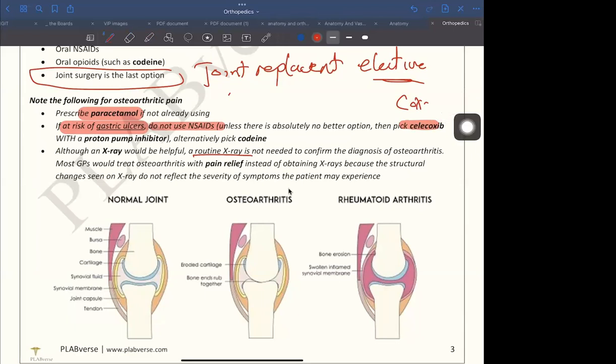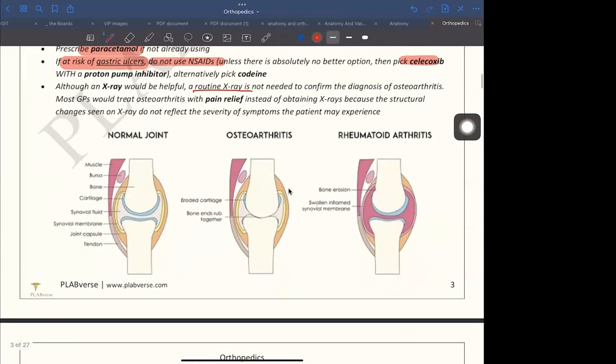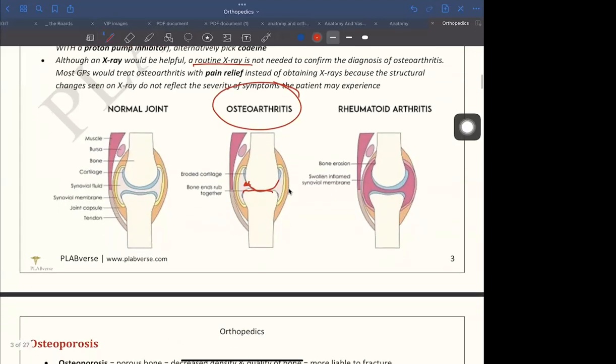Most GPs would treat the osteoarthritis with just painkillers and get them reviewed by a consultant orthopedic if they need some replacement. So again, if you remember, this is osteoarthritis. And if you look here, there is loss of the joint space and there are osteophytes, let's assume, and also there is subchondral sclerosis and subchondral cyst that might be present in your X-ray assessment.